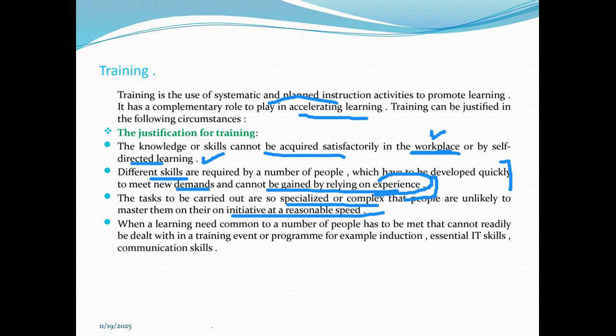And another rationale for training is when a learning need common to a number of people has to be met that cannot readily be dealt with otherwise, for example, induction, essential IT skills, communication skills.